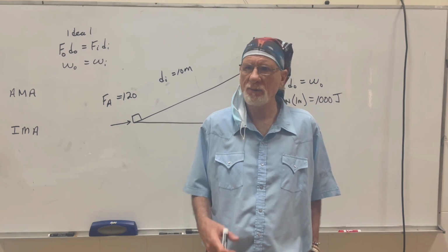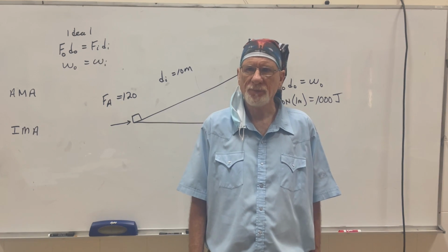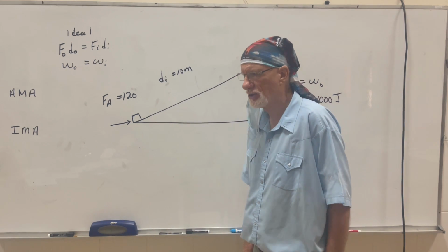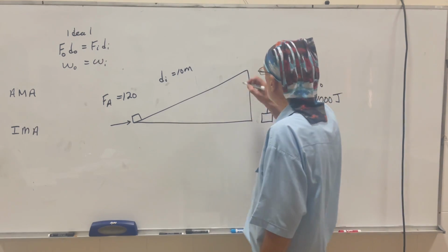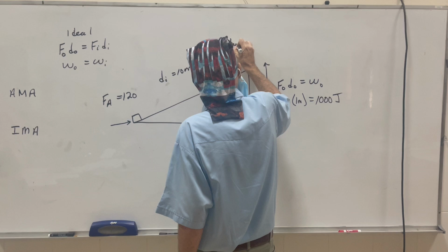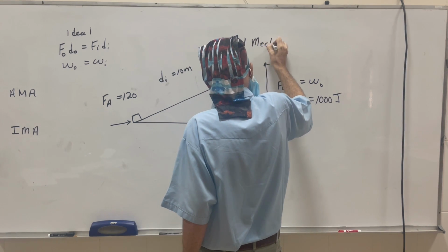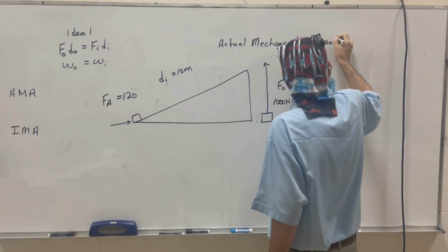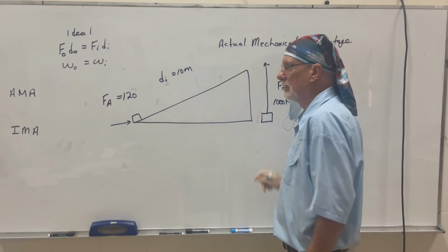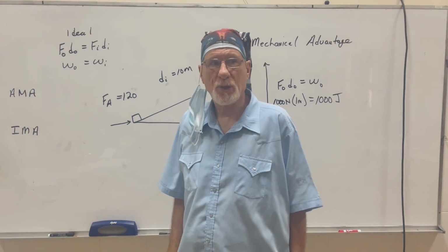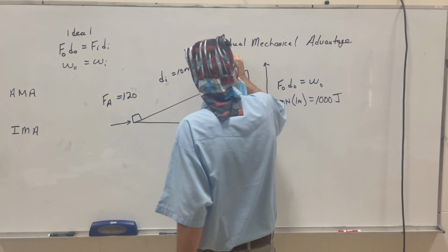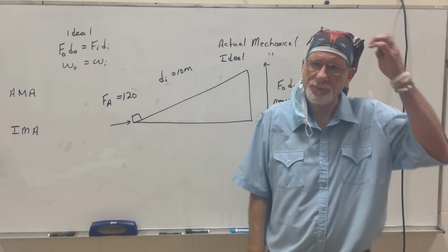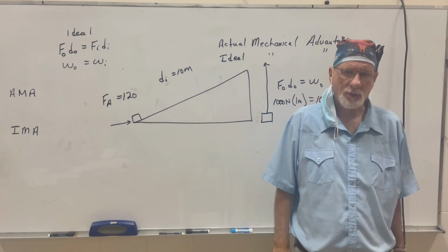That includes friction, wasted energy, the whole thing. As opposed to IMA, which is ideal mechanical advantage. You with me?